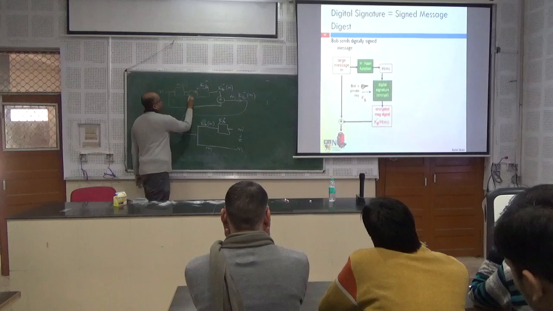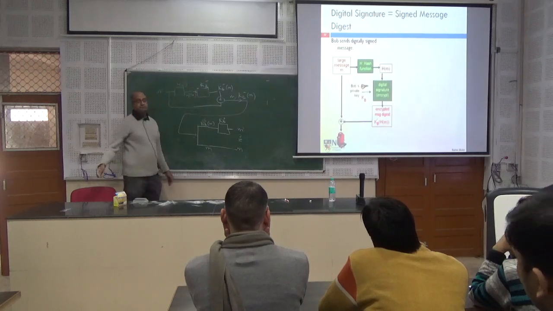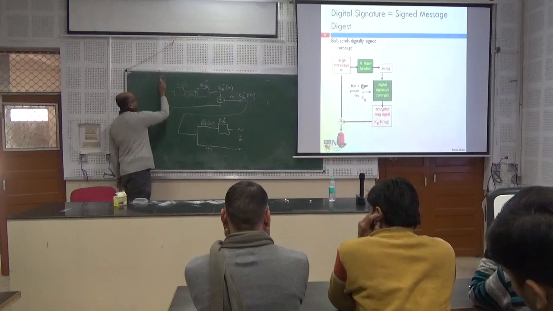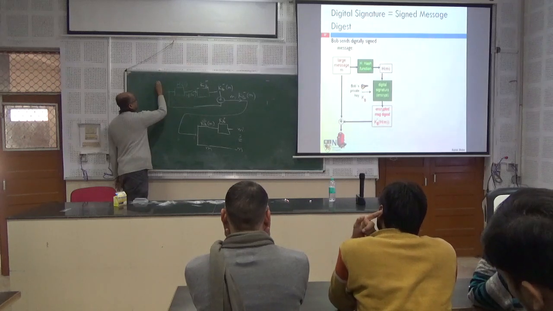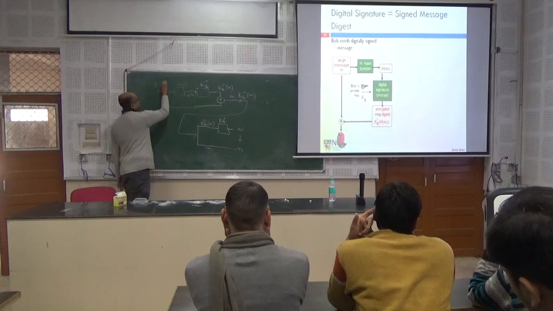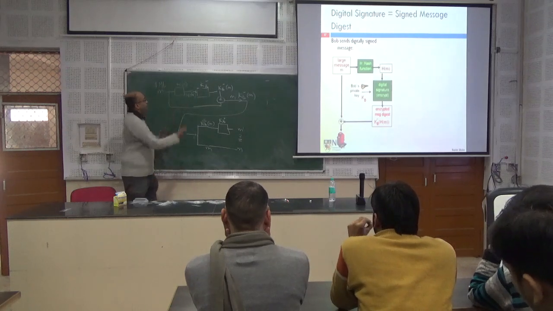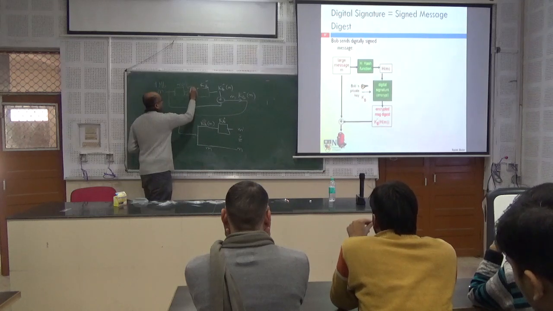So here what I have is the hash of my message. This may have been 1 GB or whatever it is. Let's say it's an email, so let's say this is 1 megabit. What I get here is 128 bits.